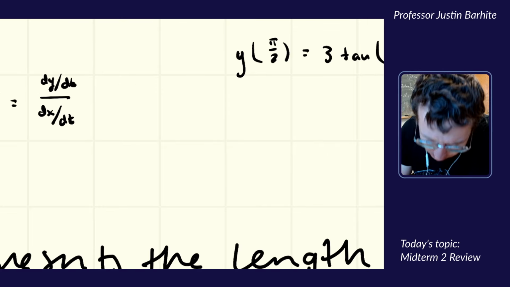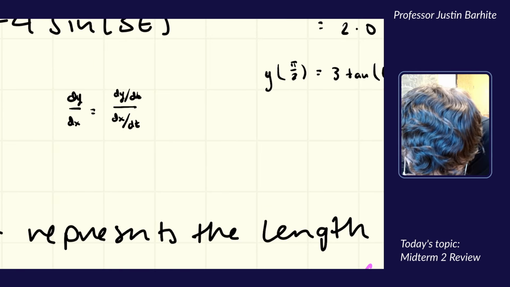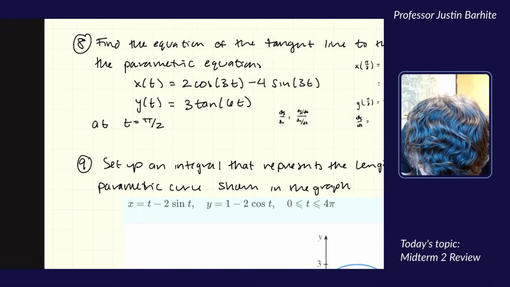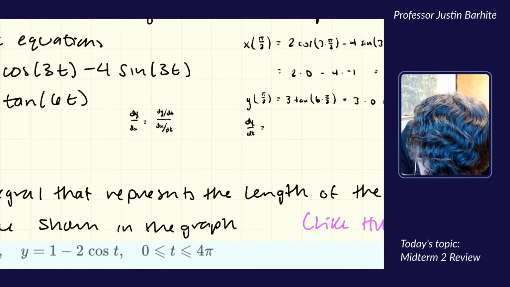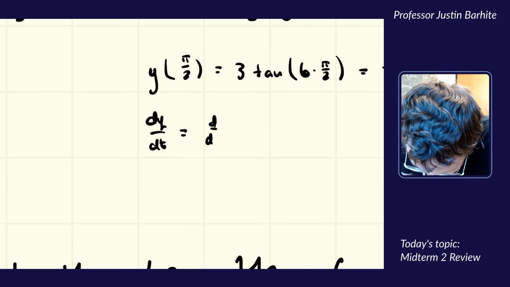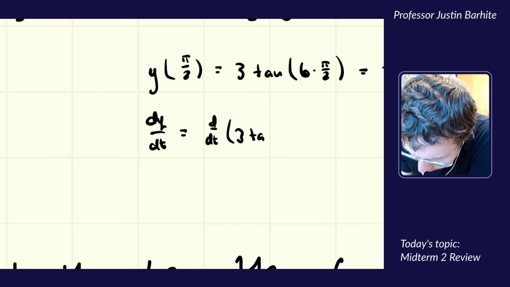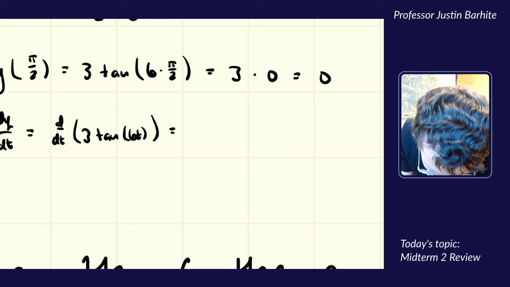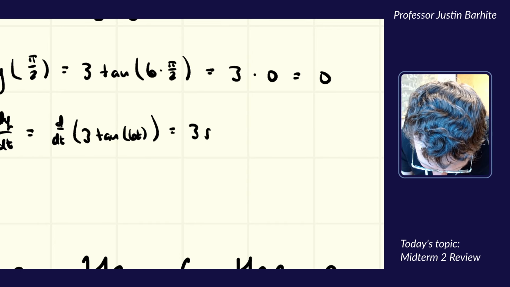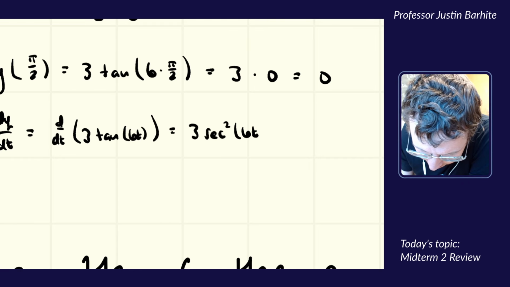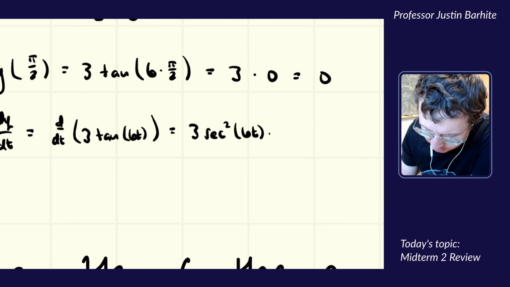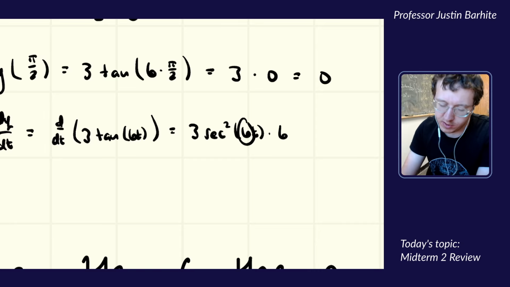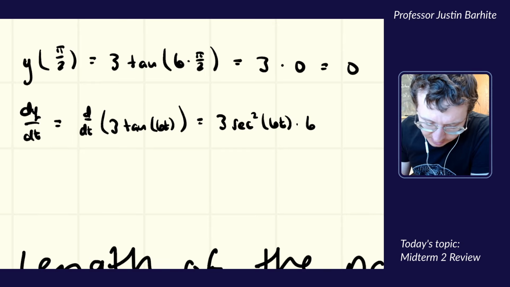Okay, so let's compute dy/dt. That's the derivative of 3 times the tangent of 6t. That's going to give us 3 times the secant squared of 6t times 6. It's because of the chain rule that I need to multiply by the 6. We are multiplying by the derivative of that inside factor of 6t.